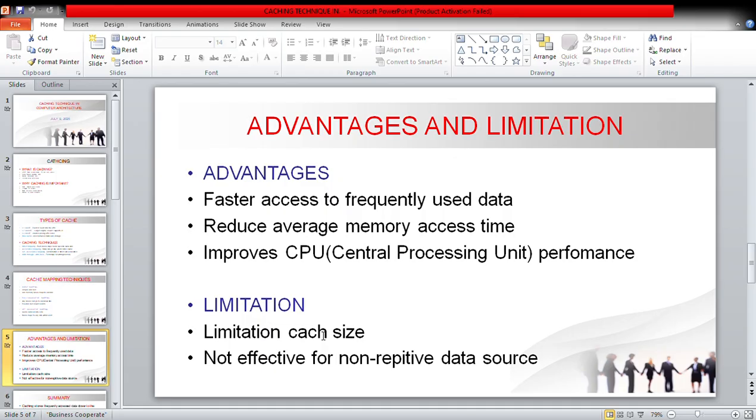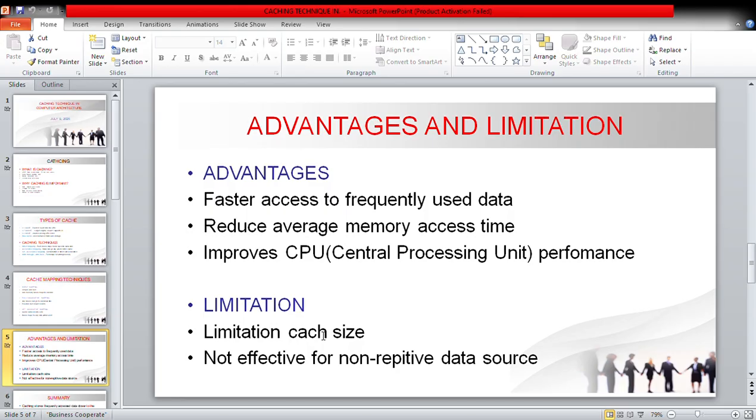Let's move straight to the advantages and limitations. These are the crucial benefits we get from cache: faster access to frequently used data, reduced average memory access time, and improved CPU, the central processing unit, performance. When we talk about limitations, it limits the cache size, and it is also not effective for non-repetitive data sources.